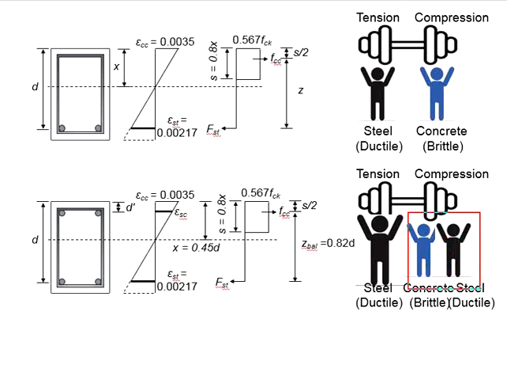Having these two persons is stronger than one person here. In the case that the member is overloaded, the failure will always happen at the tensile steel. This will still give you the ductile failure.